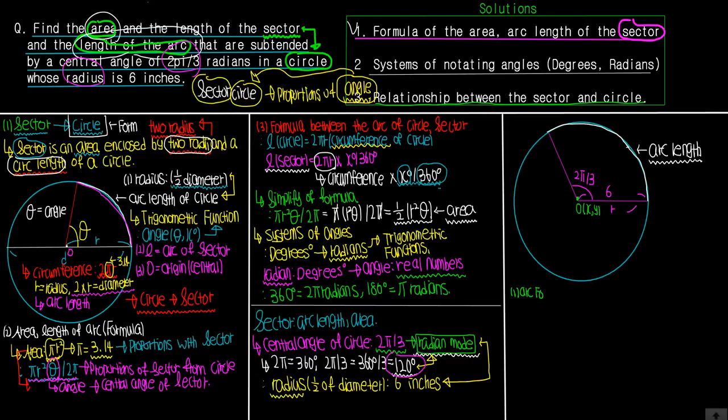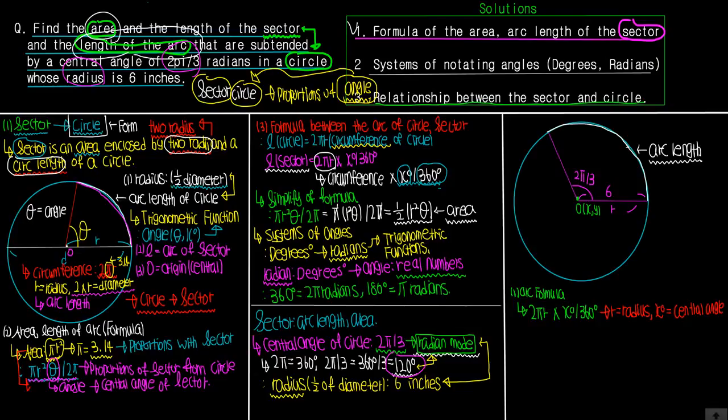The formula is 2 pi r times x degrees over 360 degrees. In this case, r is our radius, and x degrees is the central angle of our sector.